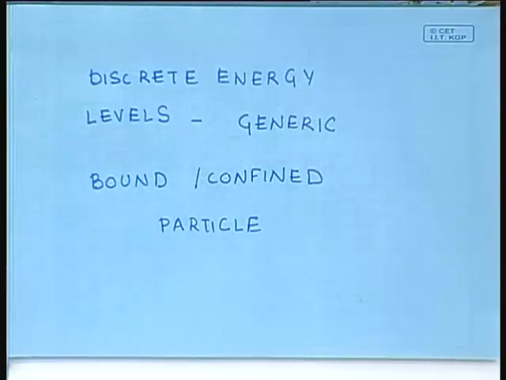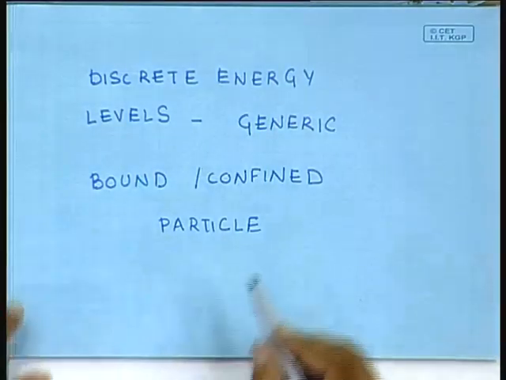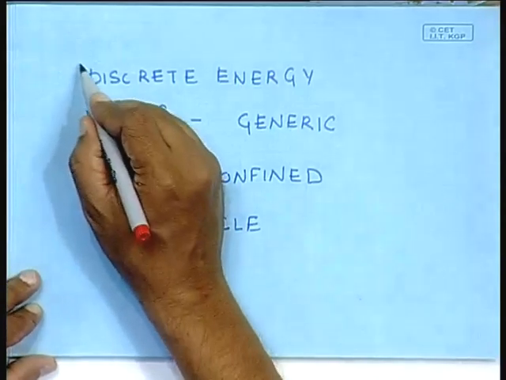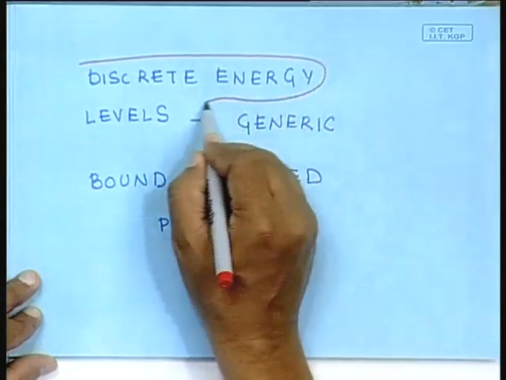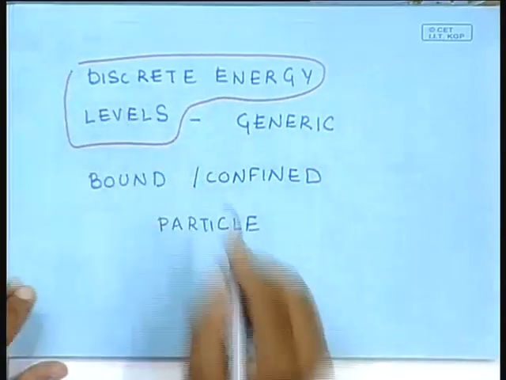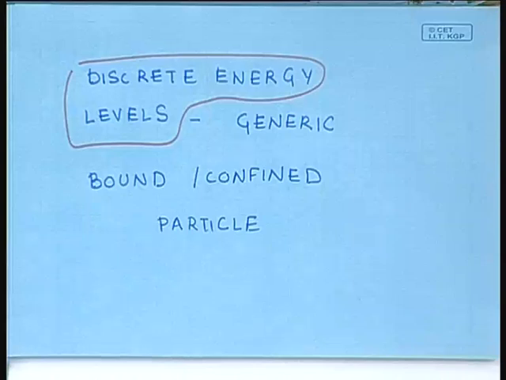So, whenever we have a particle confined to a certain region, we will always have discrete energy levels, as we have seen in this particular situation. Now, in this situation, the energy of these discrete energy levels is proportional to n squared.